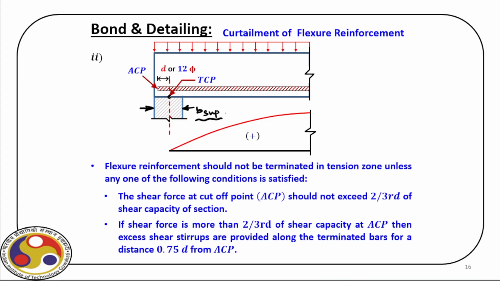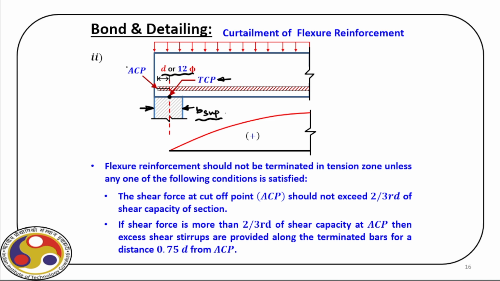Now, the question is, we cannot stop it. That is the theoretical cutoff point, but we have to go beyond this theoretical cutoff point. So either d or 12 phi, the greater of these two, we have to provide. If we can provide it in a single length, fine; otherwise, we have to bend it and provide that sufficient anchorage.